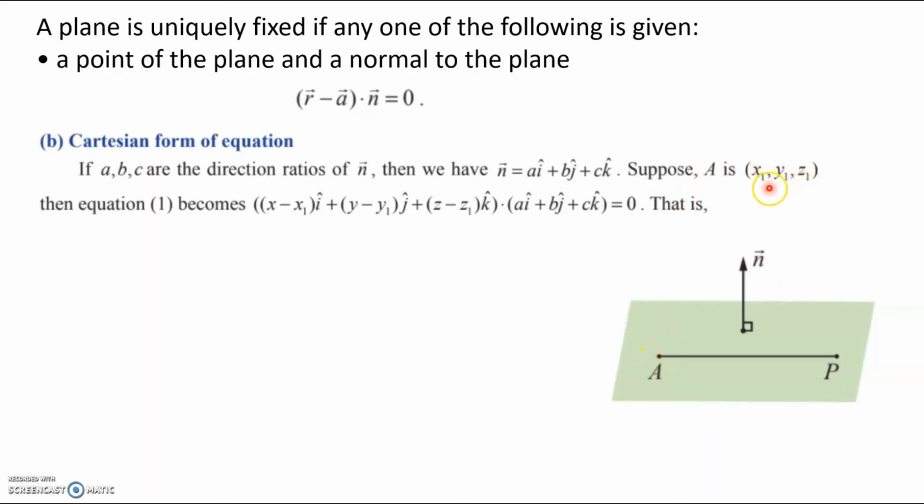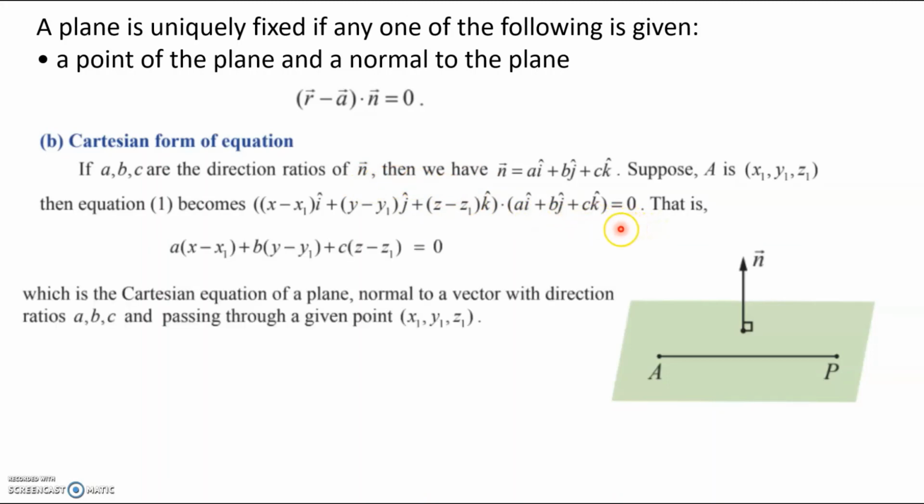As we describe this point as x1, y1 and z1, then replacing this into this equation, we can define this equation as x minus x1 i cap plus y minus y1 j cap plus z minus z1 k cap dot product with our N vector, which is a i cap plus b j cap plus c k cap, is equal to 0.